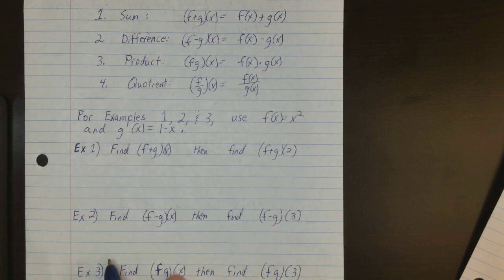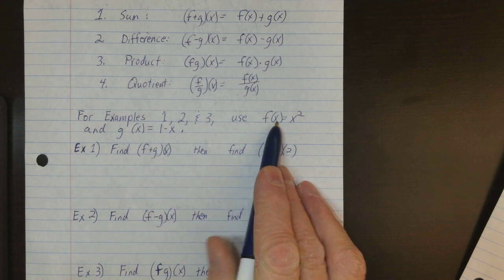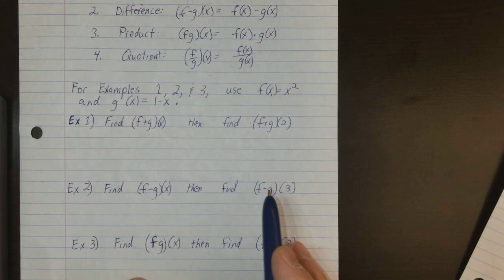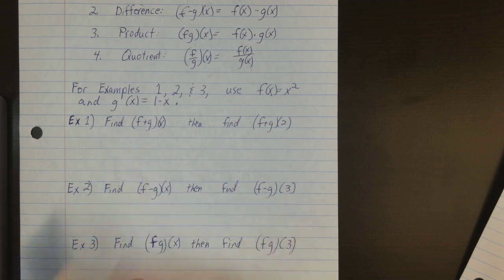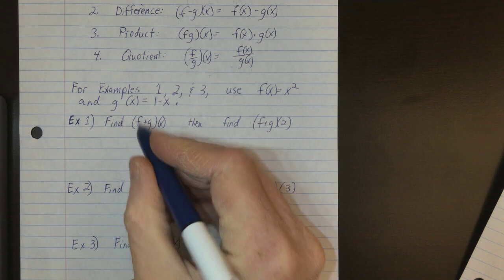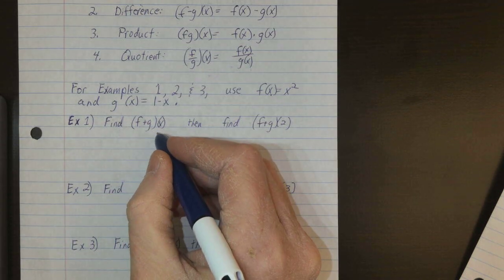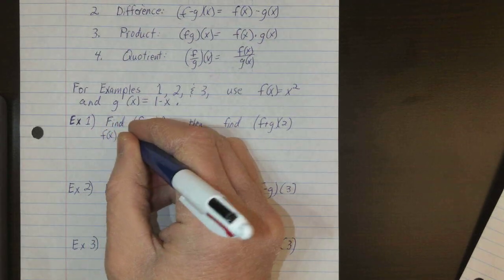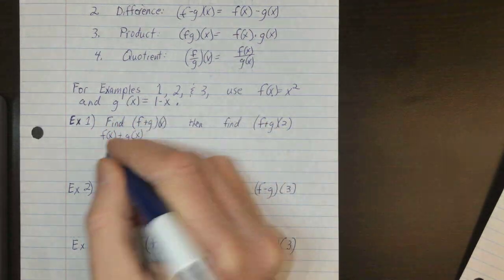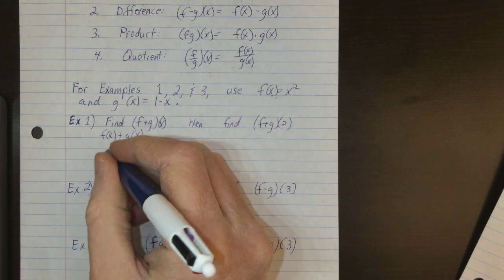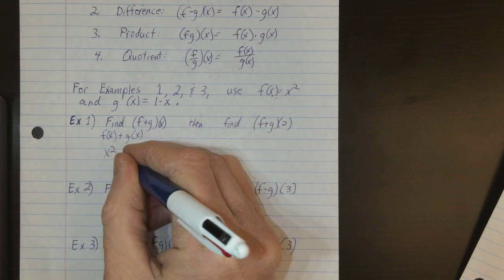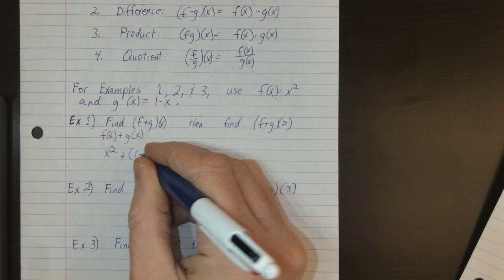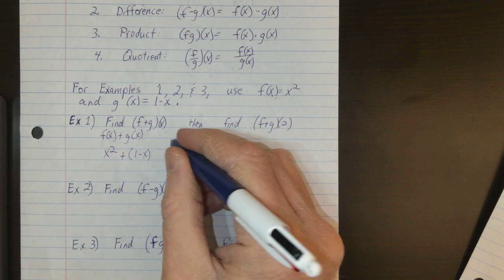I've got three examples here. I'm using f of x being x squared and g of x being 1 minus x. F plus g of x, I have to find that first. So that's f of x plus g of x, and f of x is equal to x squared, and g of x is equal to 1 minus x.